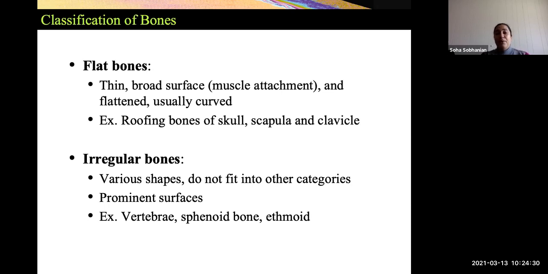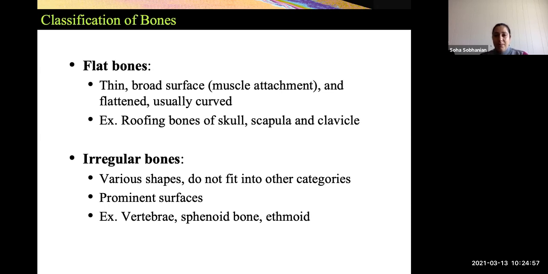Sphenoid bone is another one. It's in your skull. It forms the area right behind your orbital cavity, and it's visible from the side as well. What I'm putting my finger on right now is part of the sphenoid bone. It's this butterfly-shaped bone with no specific shape compared to the other categories.